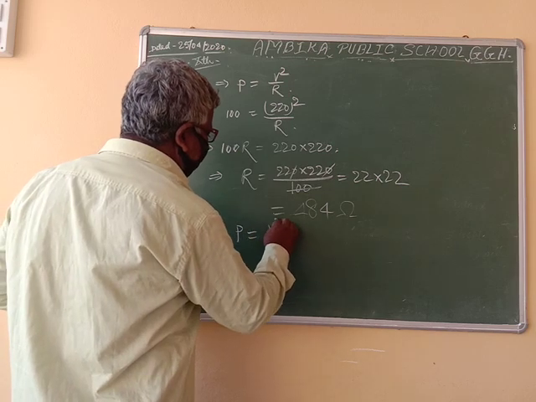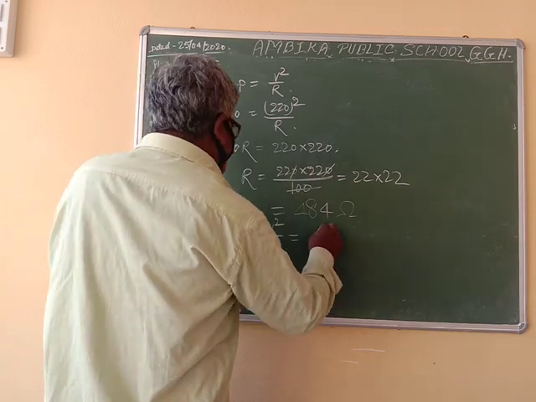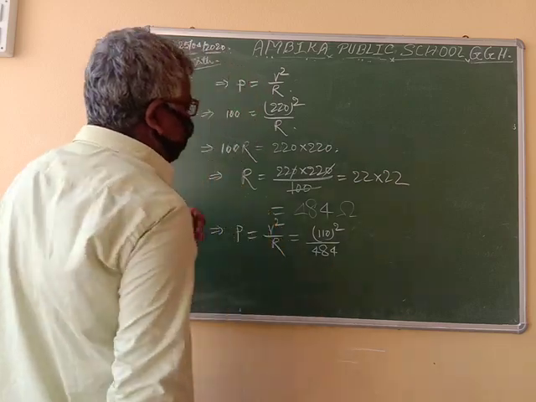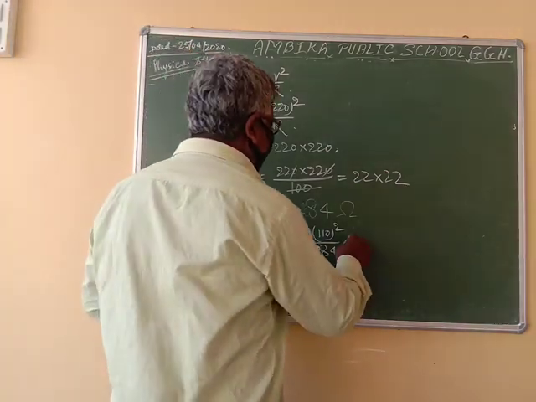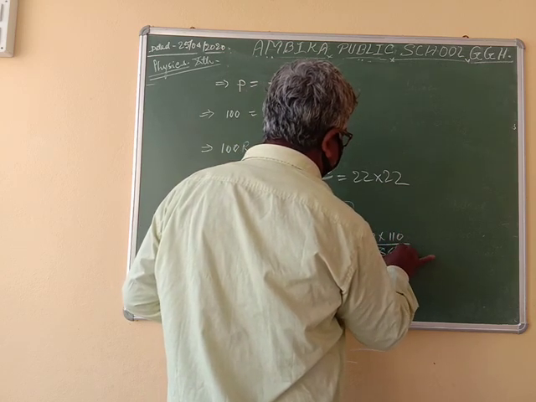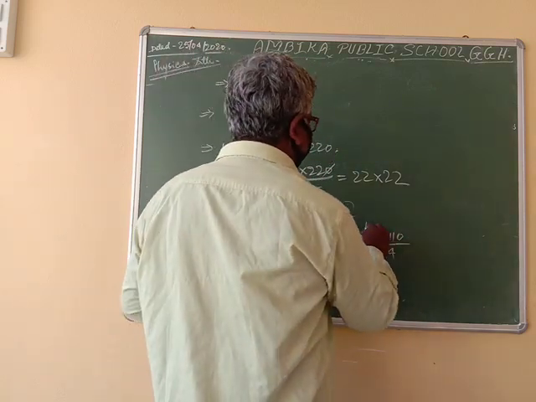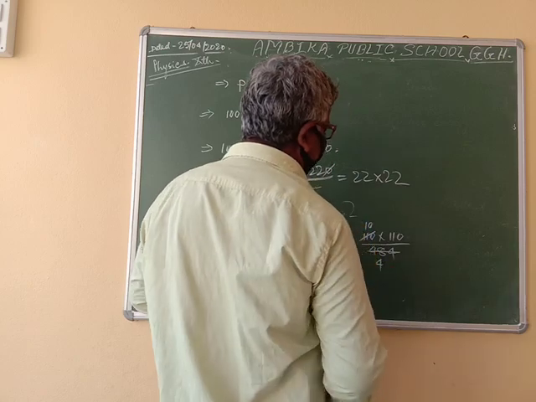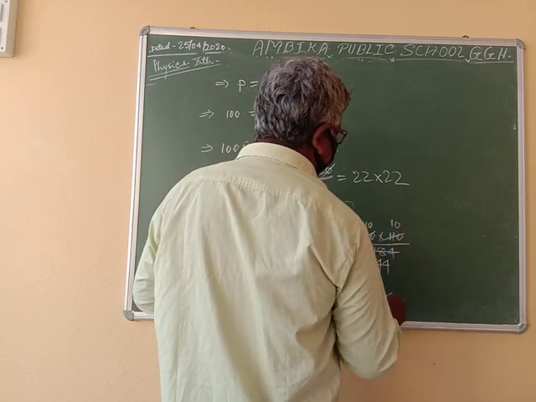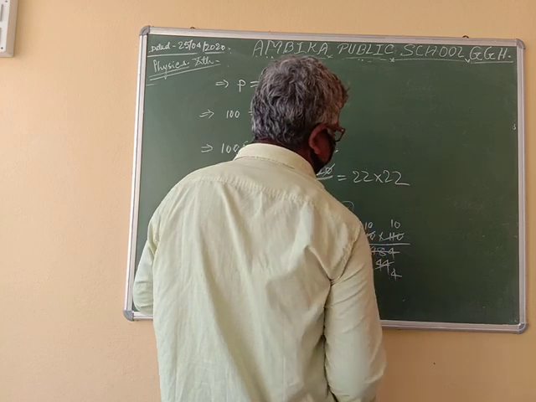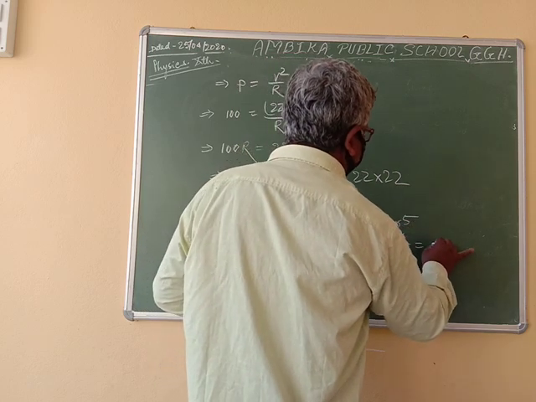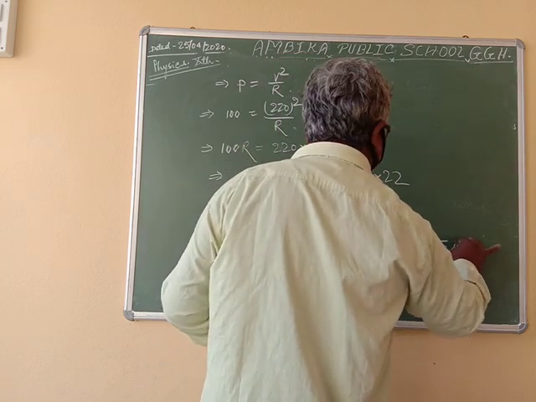Power is equal to V square by R, which is 110 whole square by 484, written as 110 into 110 by 484. Simplifying, this is equal to 25 watt.